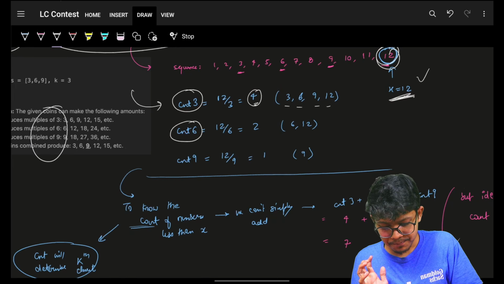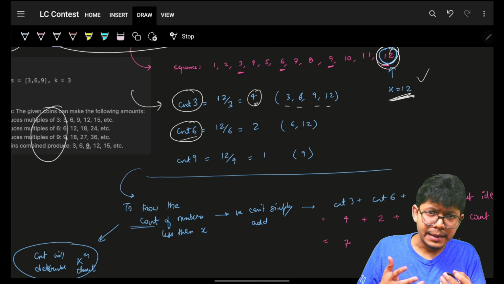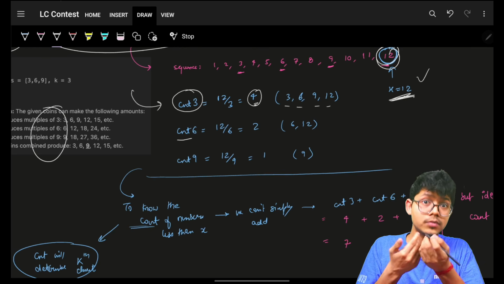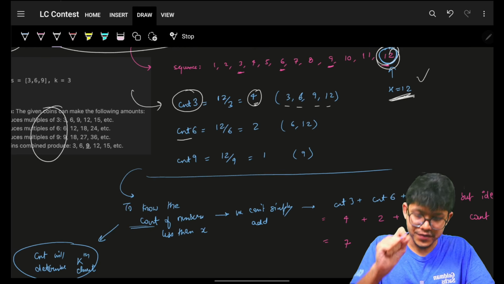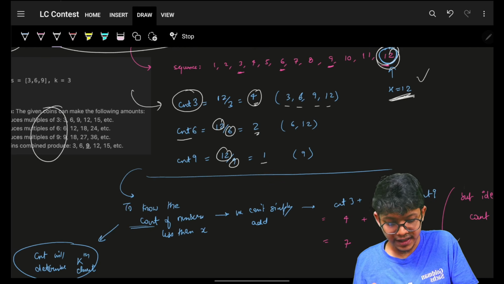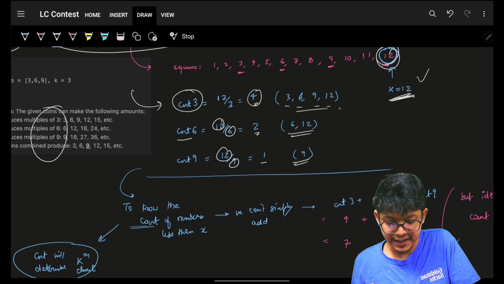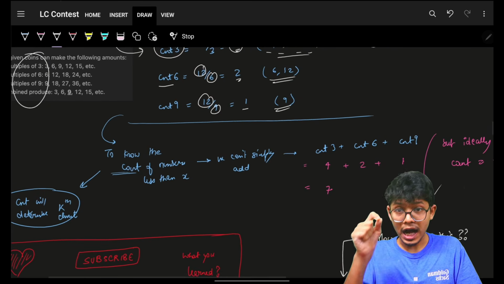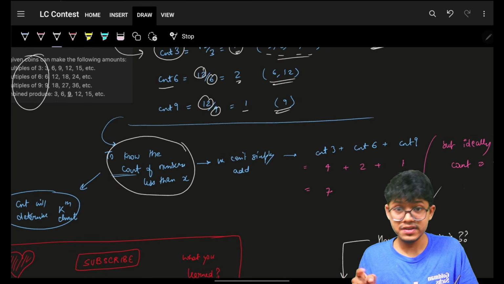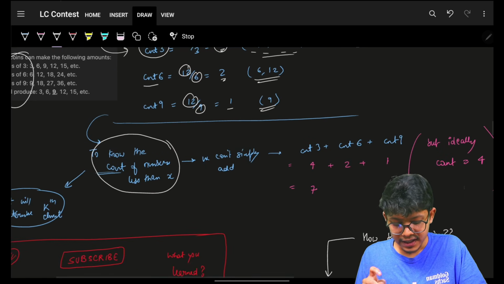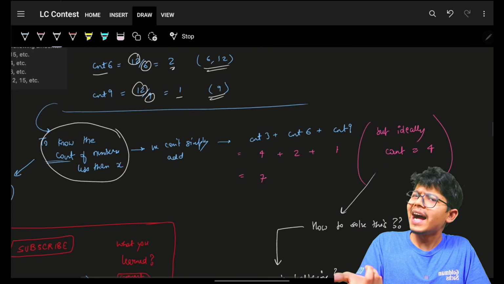Now, coming back, the count of 6 means the number of elements which are less than or equal to 12 and a multiple of 6, which will be a simple 2, x by number, and it is 1. So representing the same numbers right here also. But if I had asked you to find the count of numbers less than this x, which is 12 in this case, you cannot simply add all of them.